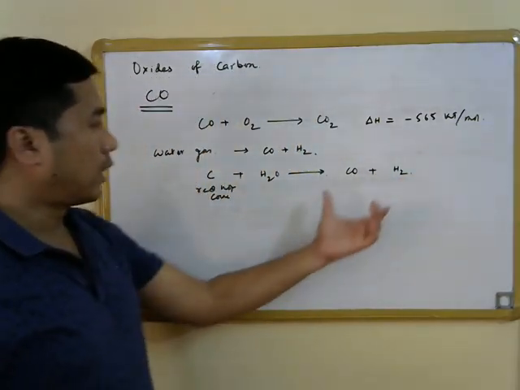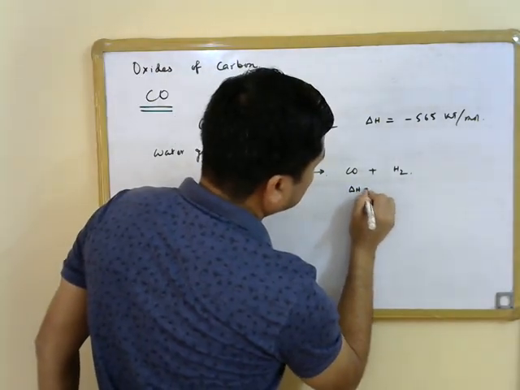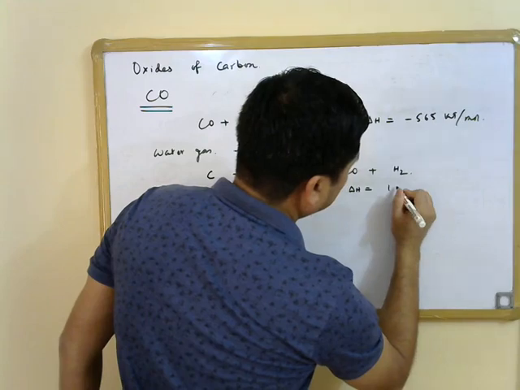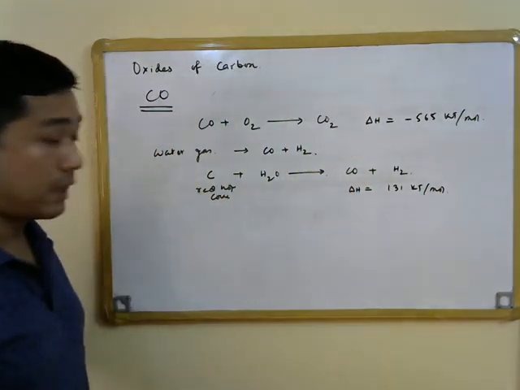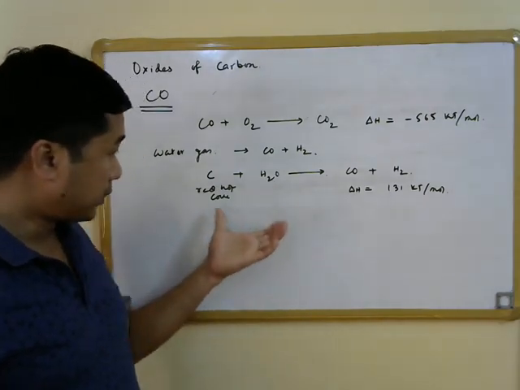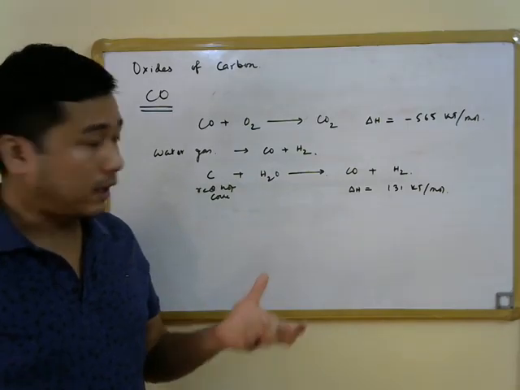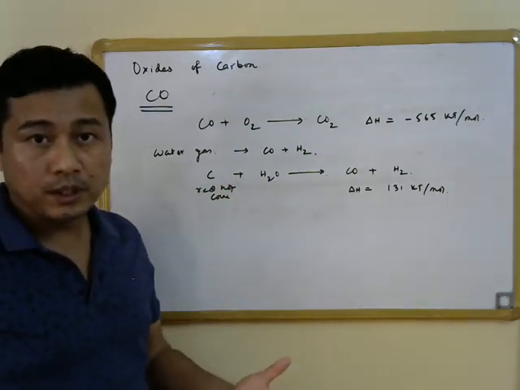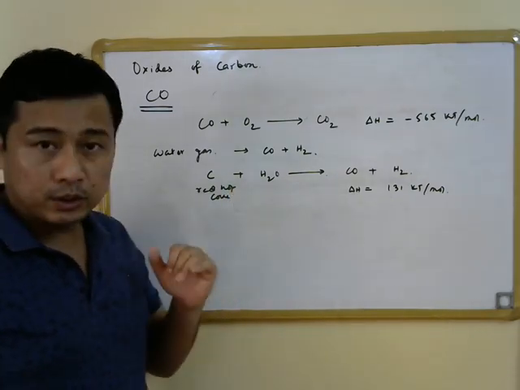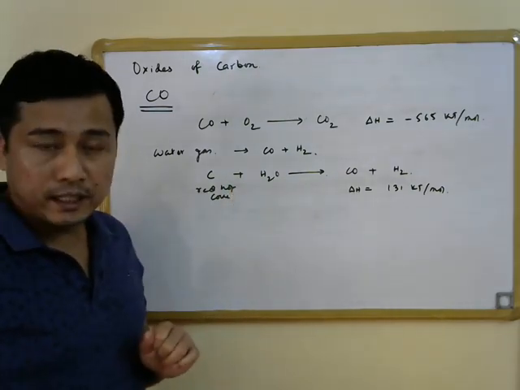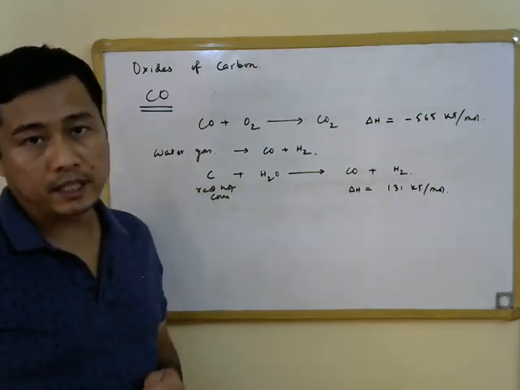That is your water gas, and the enthalpy of this reaction is plus 131 kilojoule per mole. So this reaction is endothermic in nature, and that is why the coke will cool down after passing steam for some period, and one needs to frequently stop the flow of steam and instead pass air to reheat the coke.